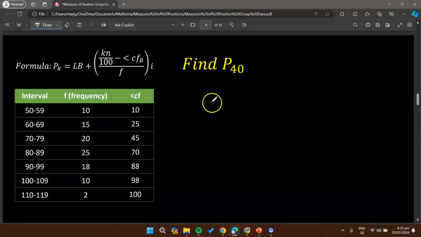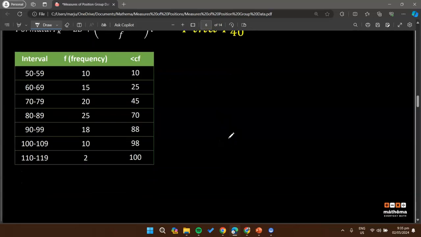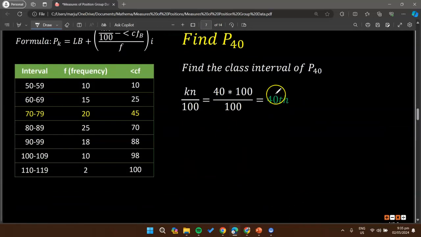What about the 40th percentile? Again, the same thing. We are going to find the class interval. So again, to do that, we are going to solve for Kn divided by 100. That gives us the 40th percentile or 40th position.